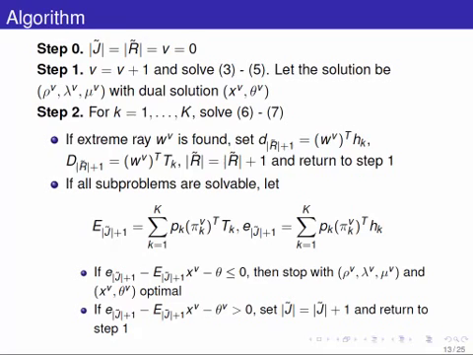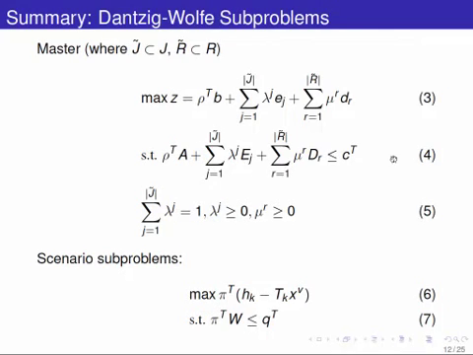So what is the algorithm saying? It says start from empty sets of rows and of extreme rays and extreme points. Solve this guy here in the first iteration.